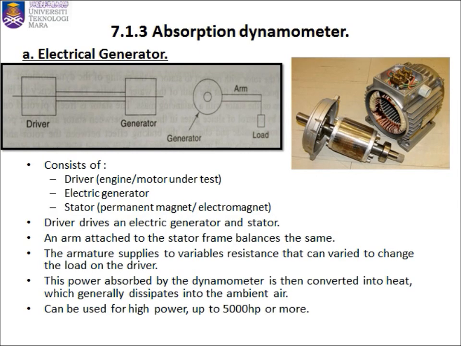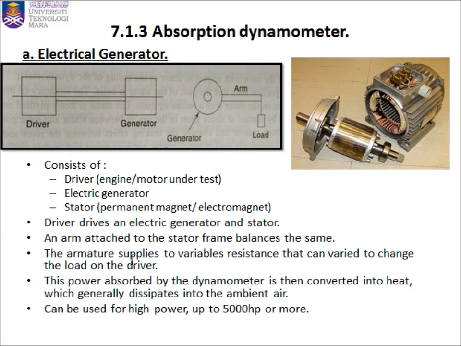Next we move to the absorption dynamometer. The electrical generator consists of a driver, an electrical generator, and a stator, permanent magnet or electric. The driver drives an electric generator and stator. An arm is attached to the stator, with frames to balance the same.